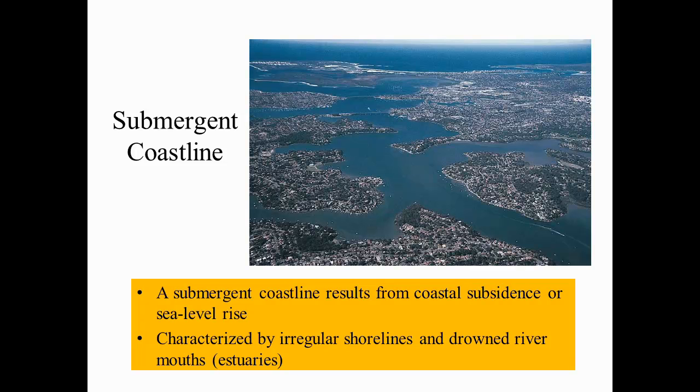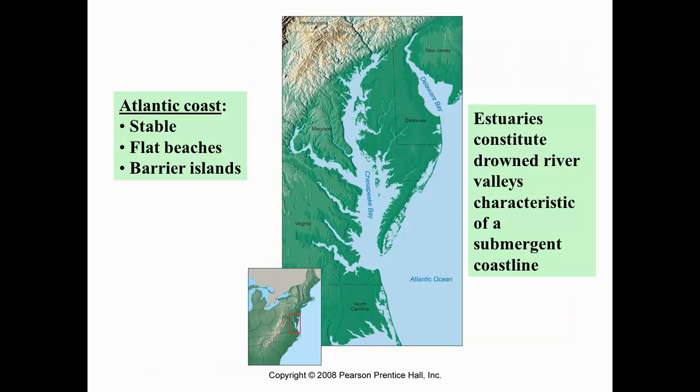But first of all, let's look in more detail at what are called submergent coastlines. A submergent coastline results from overall coastal subsidence or global rise in sea level, and is typically characterized by irregular shorelines and drowned river mouths that are referred to as estuaries.